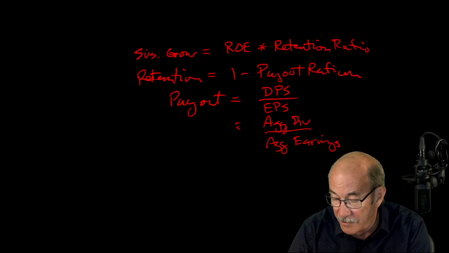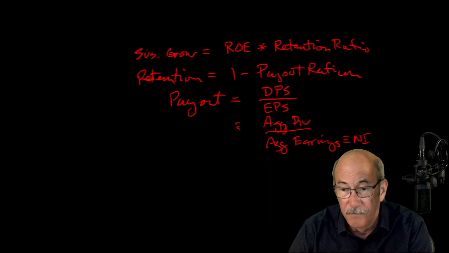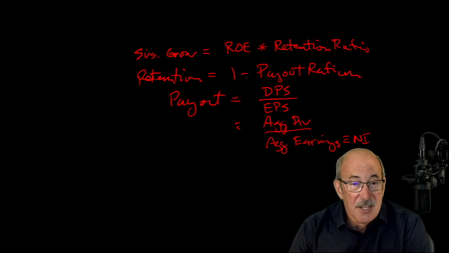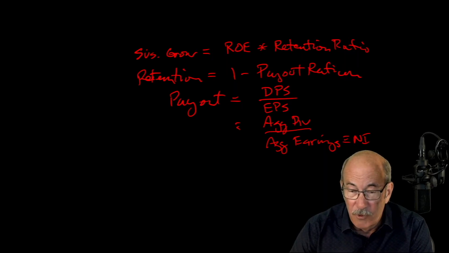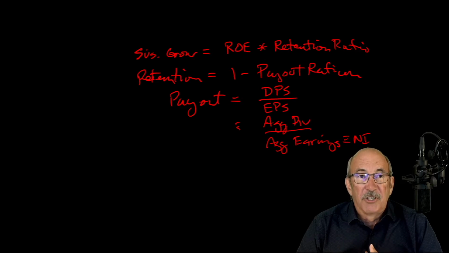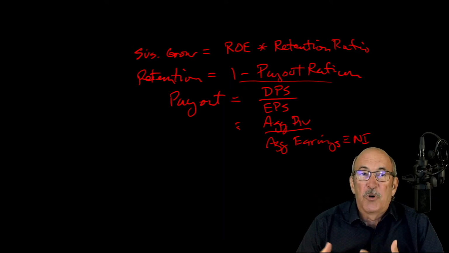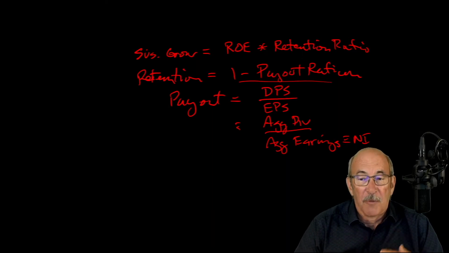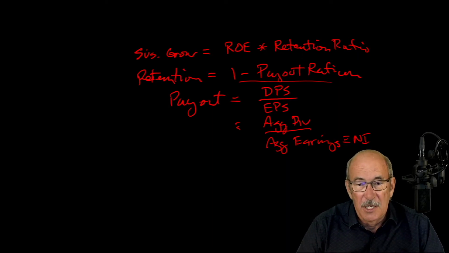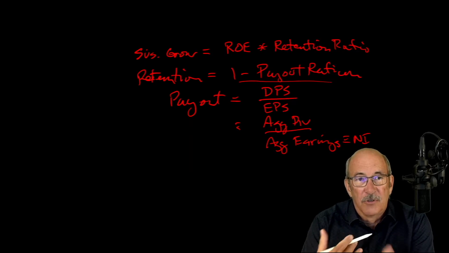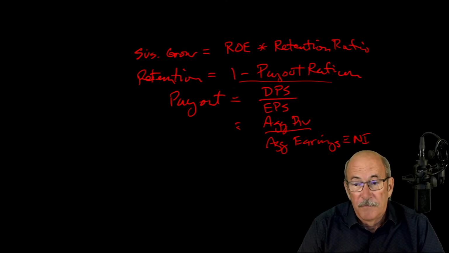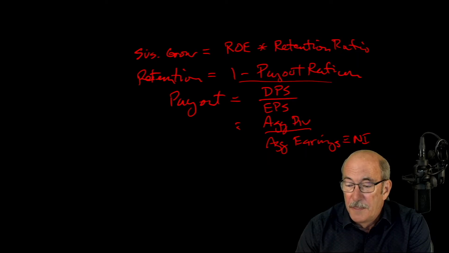And obviously aggregate earnings is net income, right? Either way would get you the payout ratio. So the retention ratio, which is 1 minus that, is what percent of earnings the company keeps inside the company for future expansion and investment.